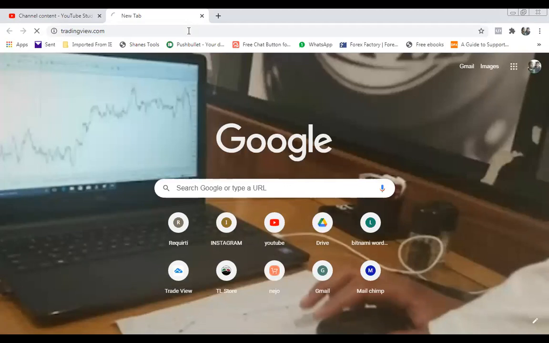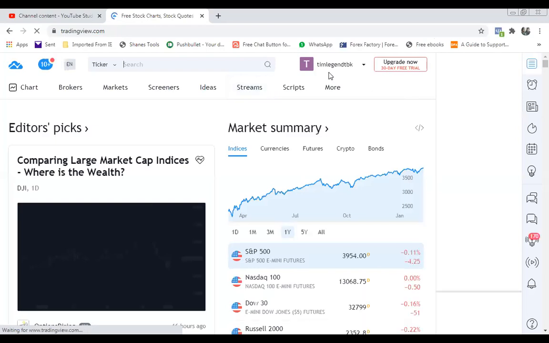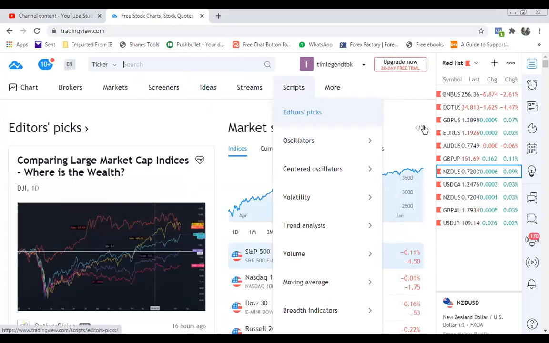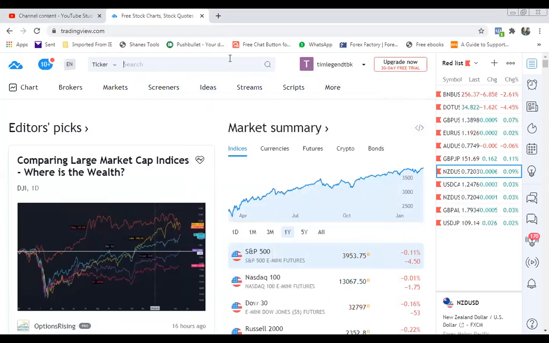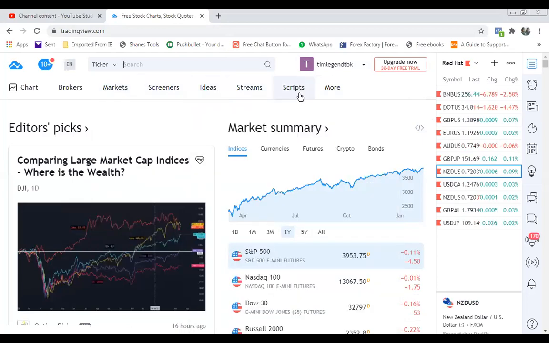Now this is TradingView loading. This is TradingView, tradingview.com. In TradingView, you can analyze mostly currency pairs. You go to charts.